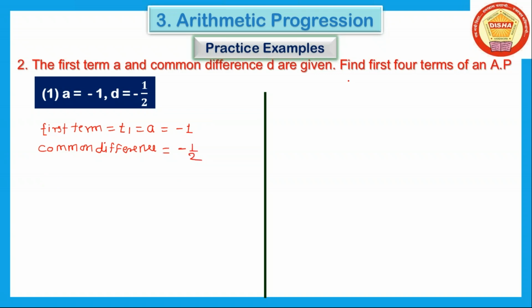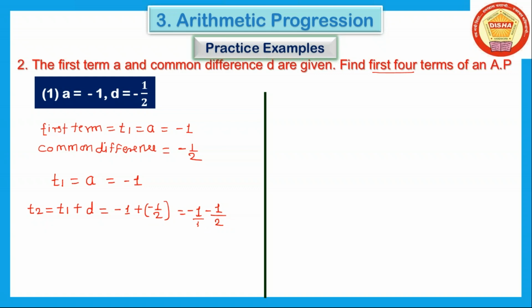Then we have to find the first 4 terms. First we find T1, which is equal to A, and here A is -1. Then we find T2. How do we find T2? That is T1 plus D. T1 is -1 plus -1/2, means -1 minus 1/2.